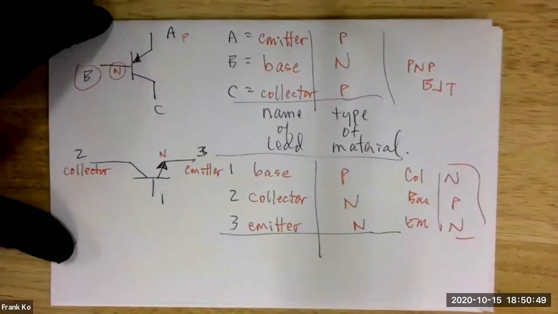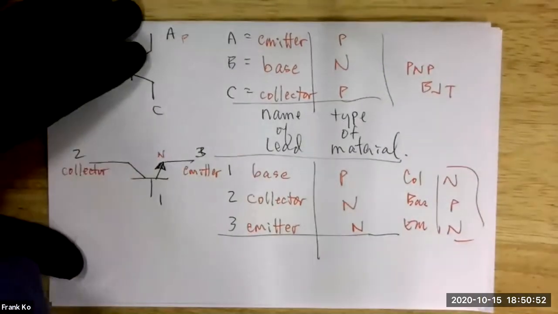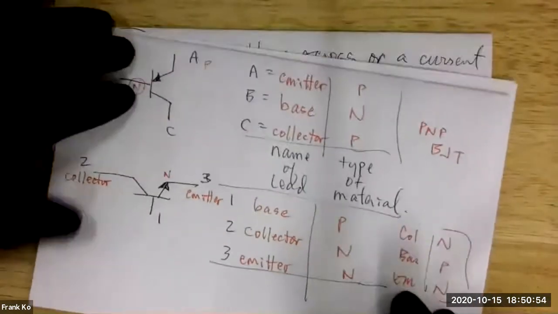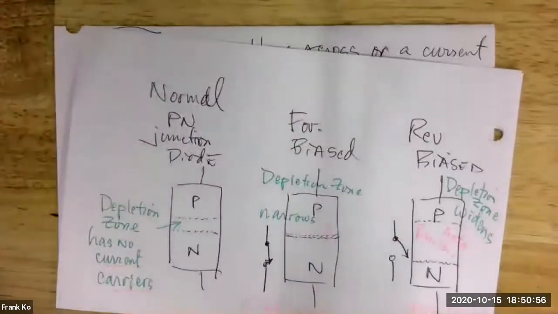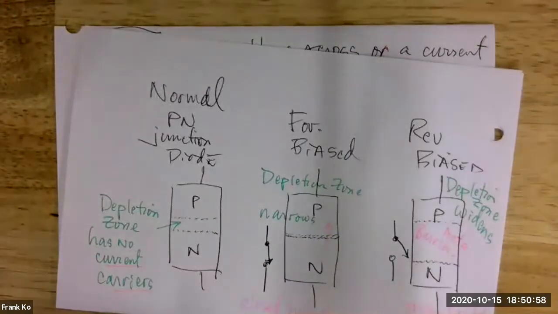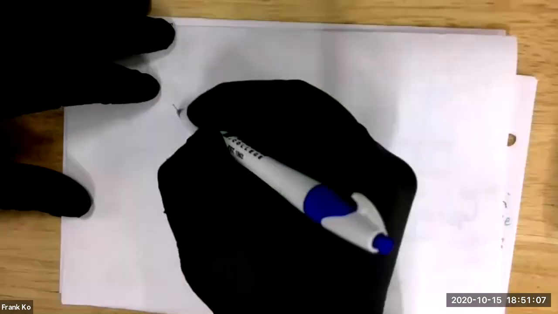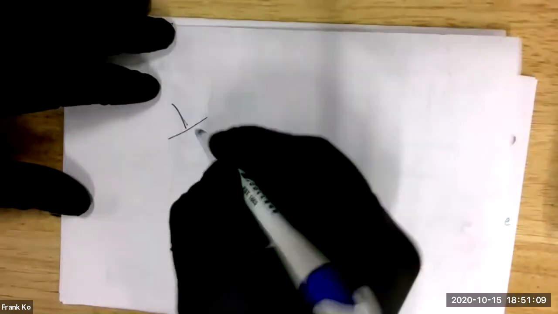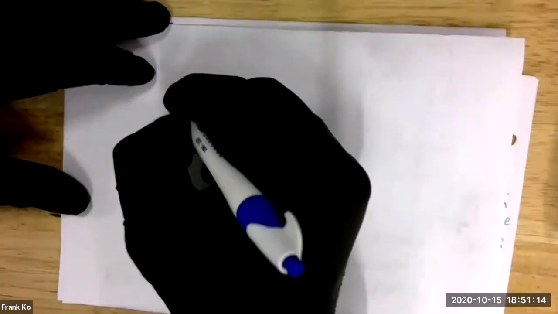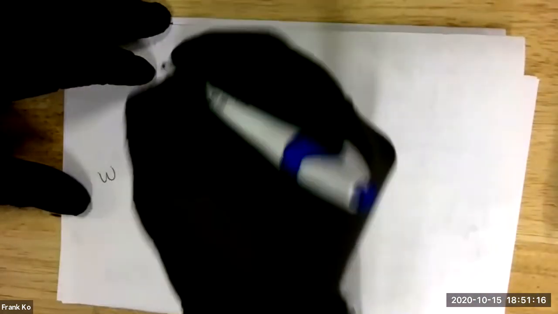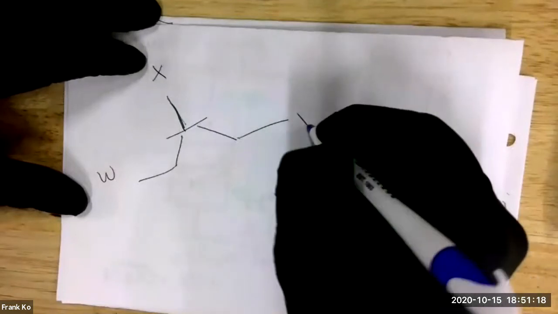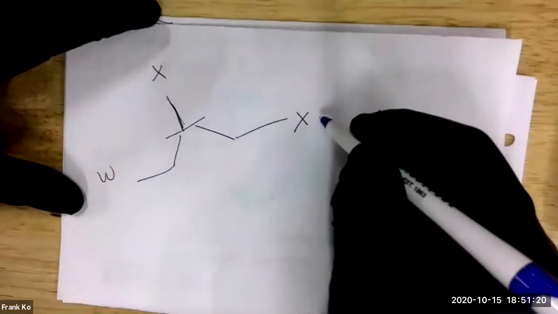Okay, so that having been said, let me give you one more to do. Here you go. And I'm going to do this one this way. W, X, Y. Ooh, I got two X's in here.